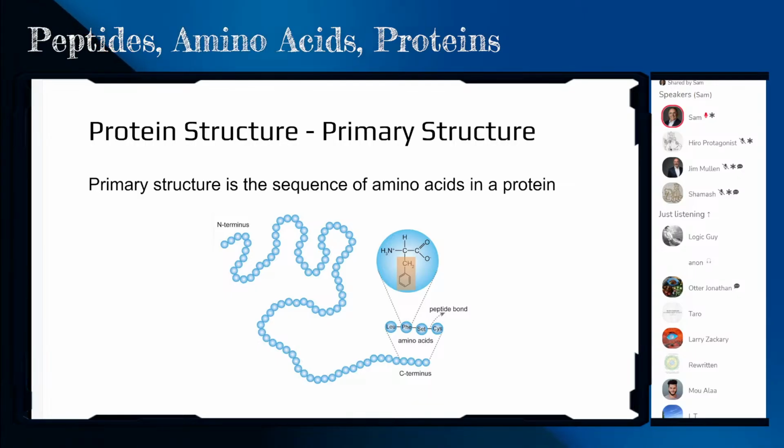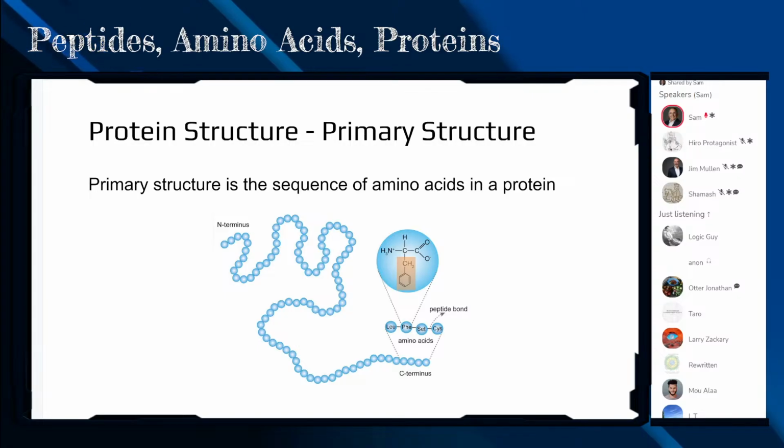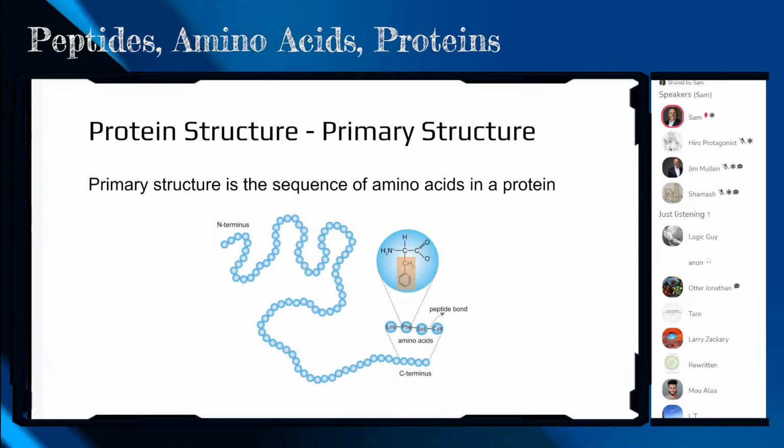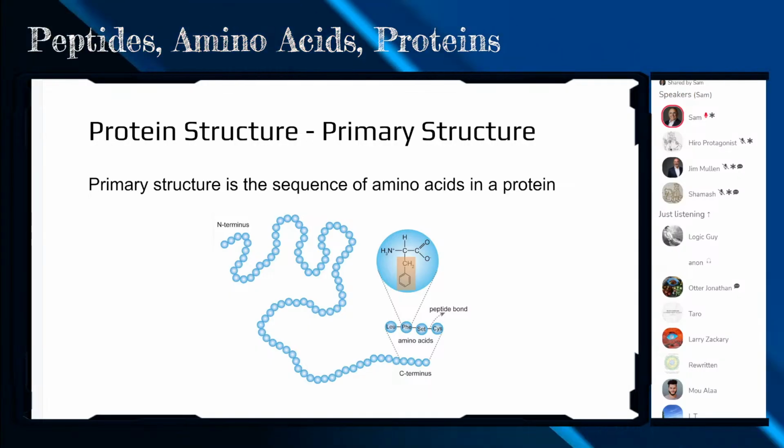And for the structure of a protein, we have 4 different structural designations: primary, secondary, tertiary, and quaternary. The primary structure is the sequence of amino acids. And the sequence of amino acids doesn't have any structural component to it. It's just the long sequence of the amino acids.